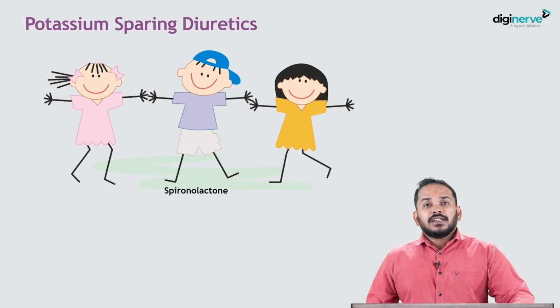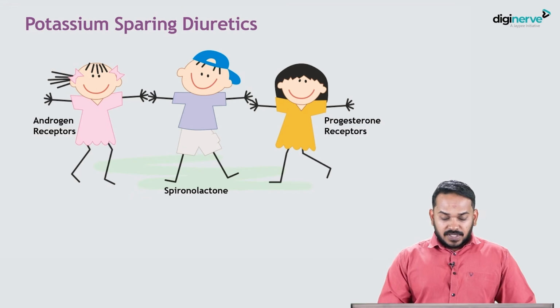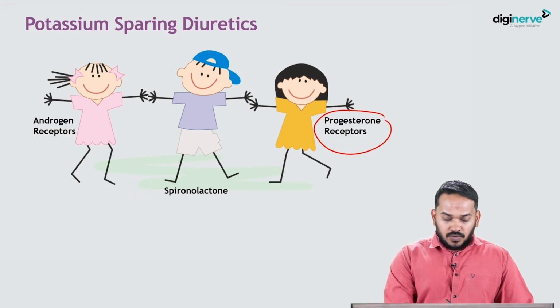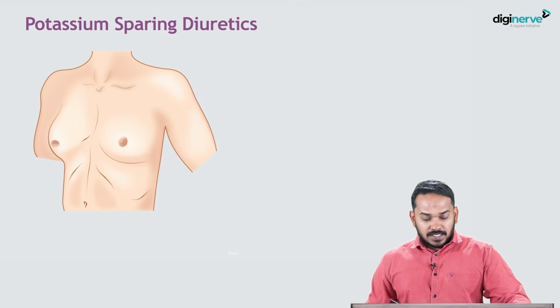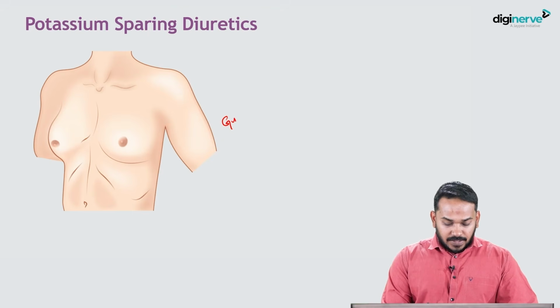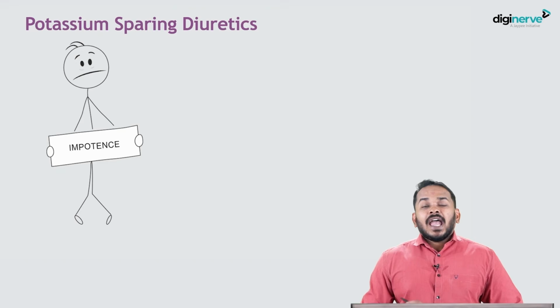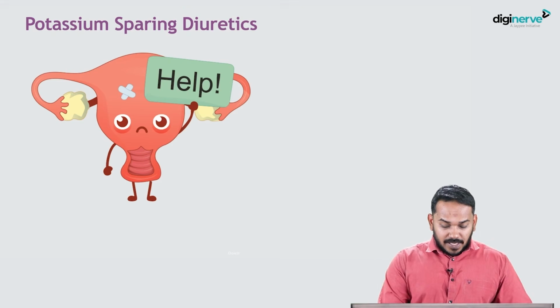Among the potassium sparing diuretics, spironolactone has got affinity for the receptors of androgen and also progesterone. So this, when used in males, can produce gynecomastia. It can produce impotence, and it can also produce menstrual irregularities.